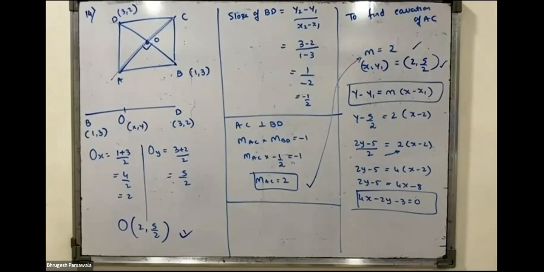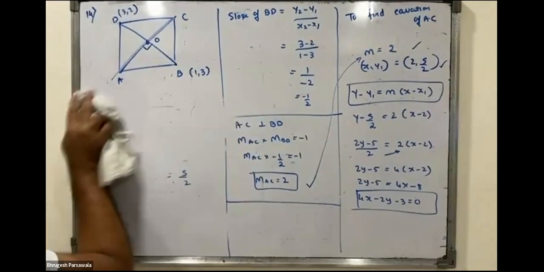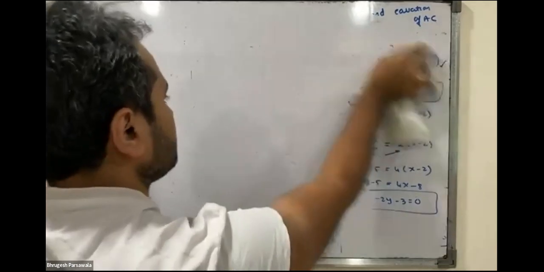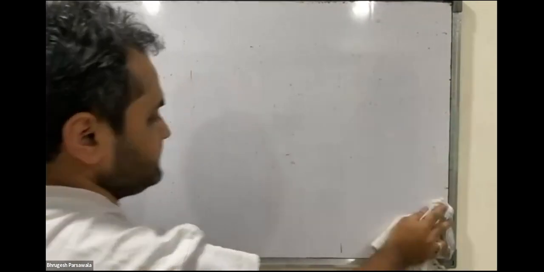Okay. If a line joining A and B. Sir, somebody is sharing the screen and we cannot share the screen.